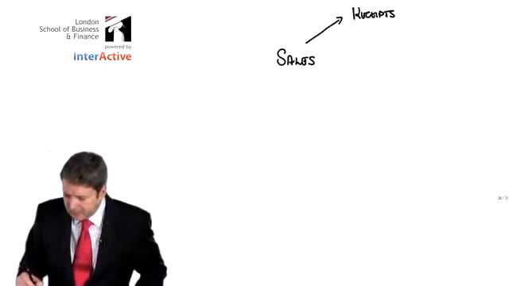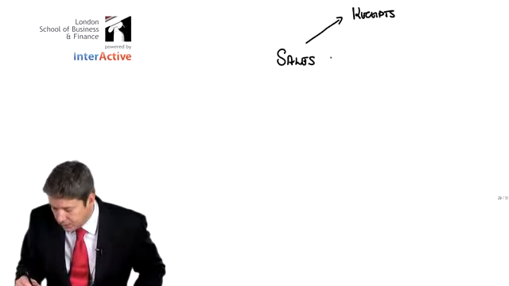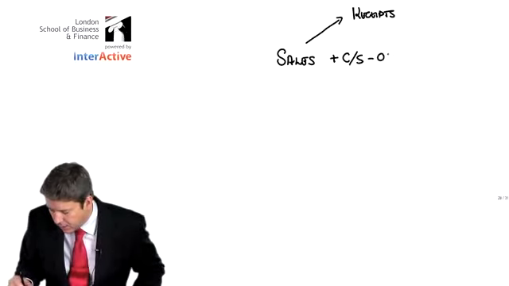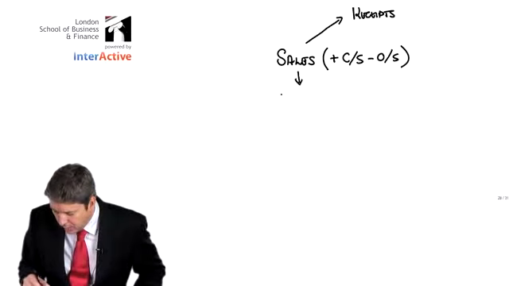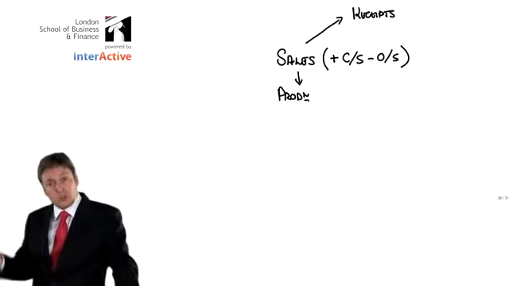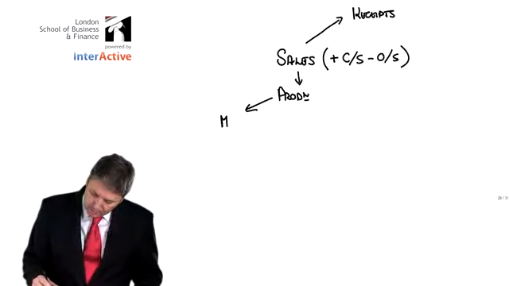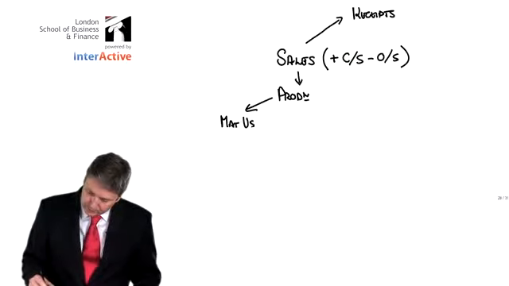So, if we have sales, what we want to do is to deal with our finished goods stock by adding closing stock and taking away opening stock. By doing that, we work from sales to production units. And once we've got to production units, then we can establish our material usage.